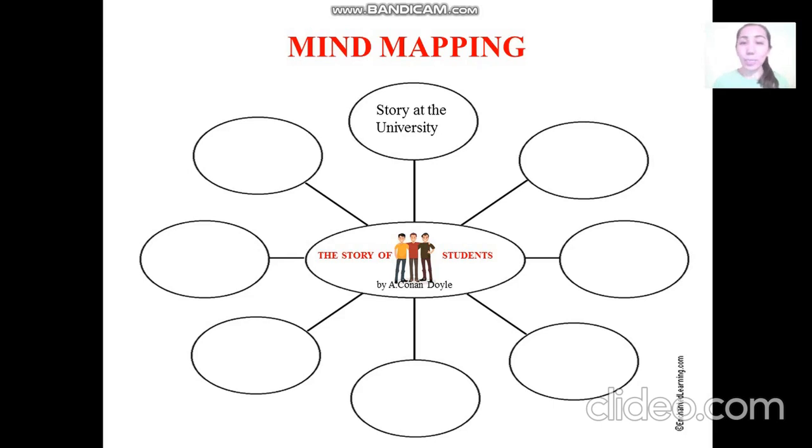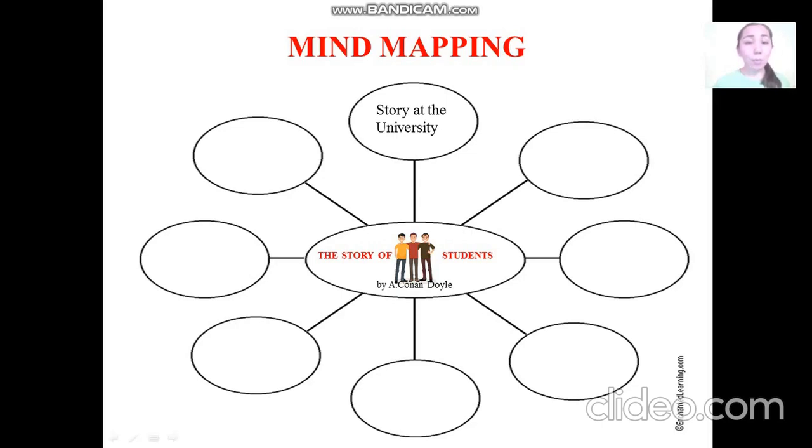When you read the name of the story, The Adventure of the Three Students, what ideas come to your mind? You may write any ideas which come to your mind on your map. It helps you, believe me, to understand and to think creatively very much.